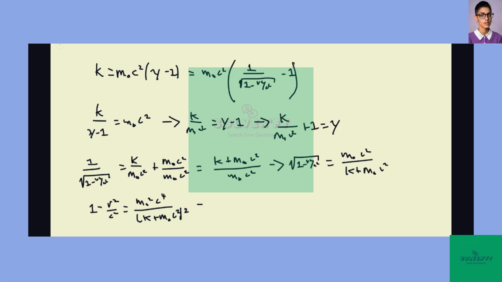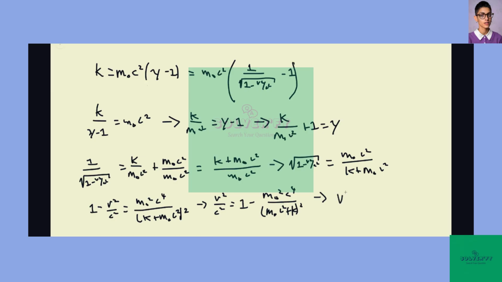Now we want to isolate v squared over c squared. Rearranging, v squared over c squared is equal to 1 minus m0 squared c to the fourth over K plus m0c squared, squared. Now let's carry the c squared over.